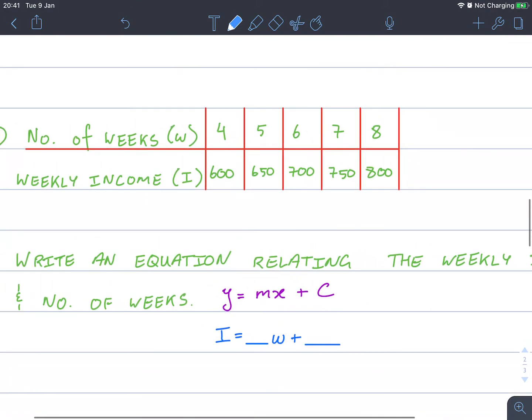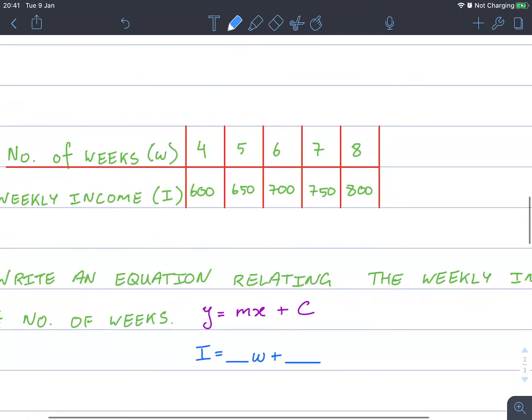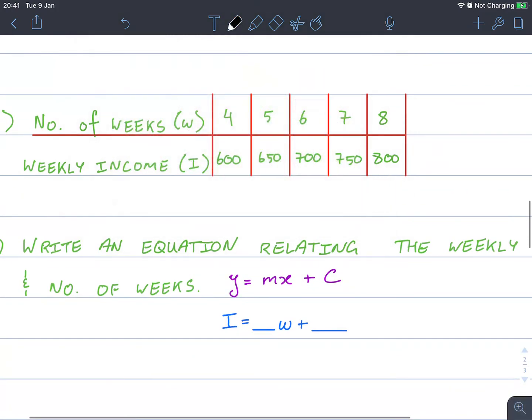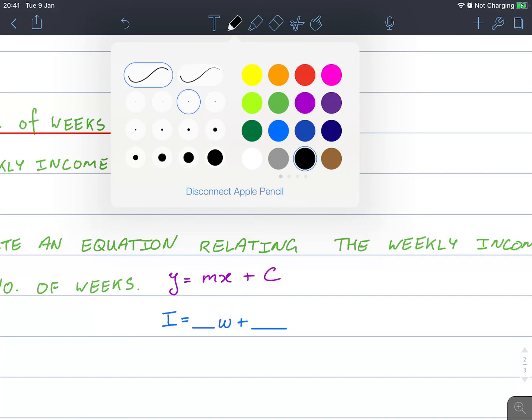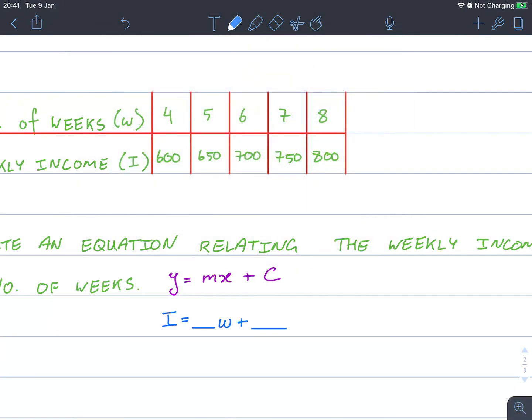To find the gradient from a table of values, we can still see the rise over run. Take note that this is our y values, so y is rise, and these are the x values, the run. Okay, so we're going to pick any 2 points, preferably one right next to each other. So let's take a look at the rise first. So m is equal to the rise over the run.